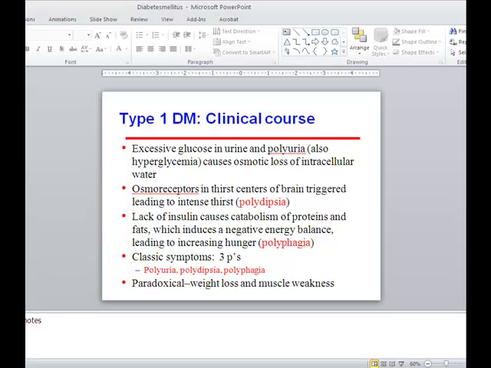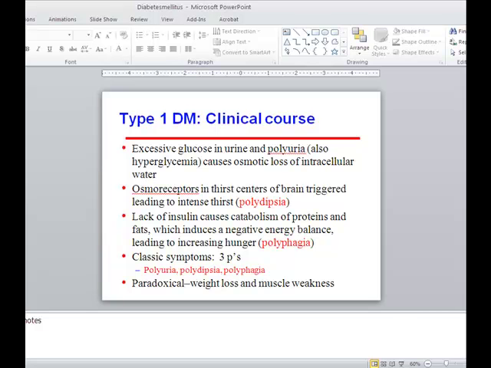So polyuria, polydipsia, and polyphagia are the three classic P's, and this is all related to glycosuria.